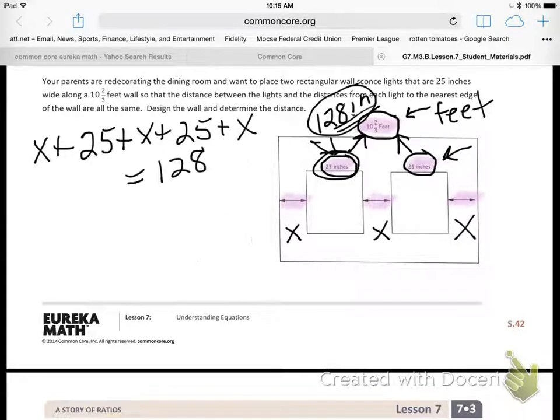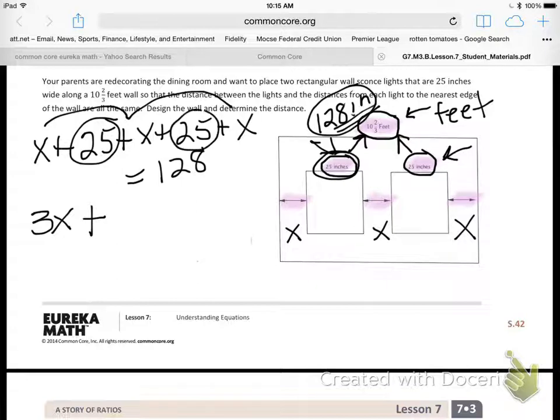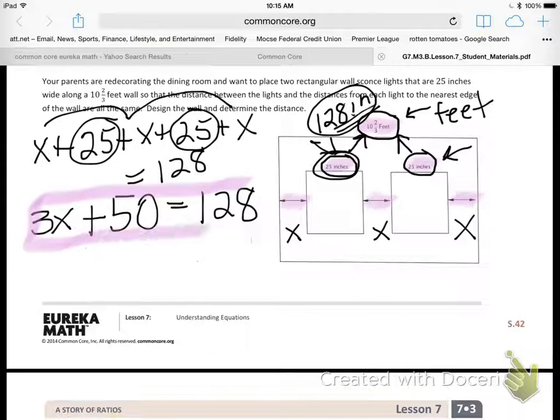That is our equation. Now, of course, we can simplify that equation by combining like terms. We have 3x's plus, we already have 50 inches accounted for, and all of that equals 128. So here is our handy-dandy equation: 3x plus 50 equals 128.